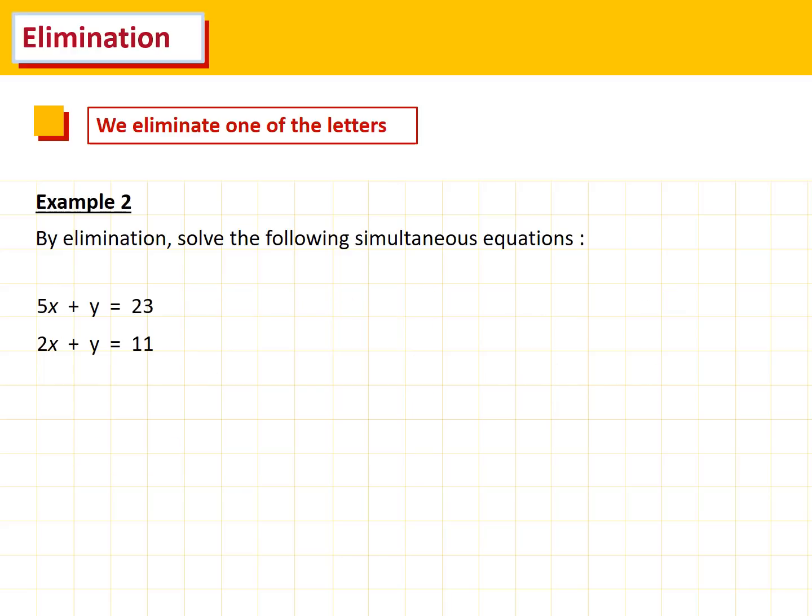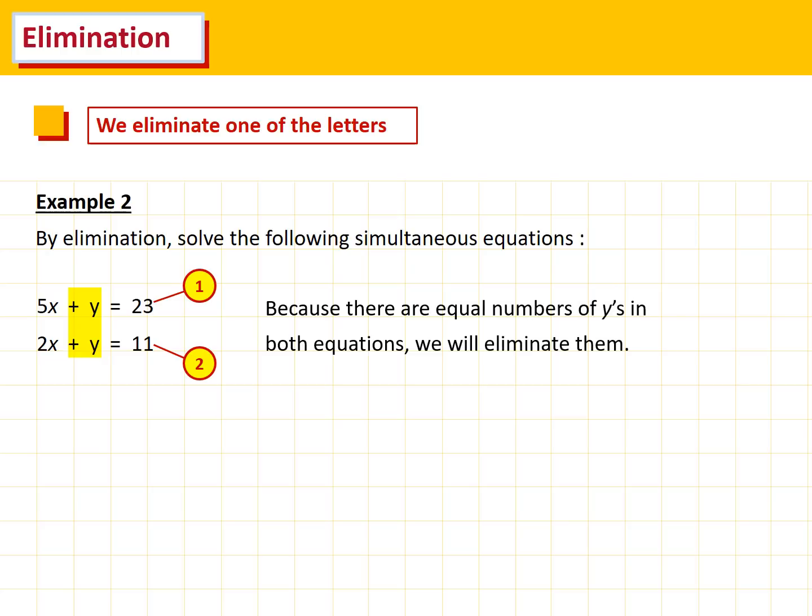So let's try this with example 2. The first thing we did, label the equations 1 and 2. Then in example 1, we looked at the letter where you had the same number of that letter. In this example, we've got the same numbers of y's, so we're going to concentrate on the y's.